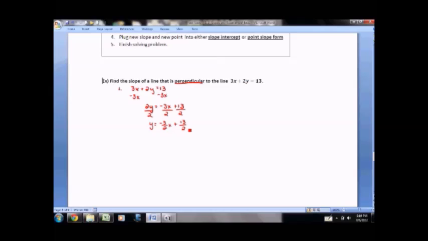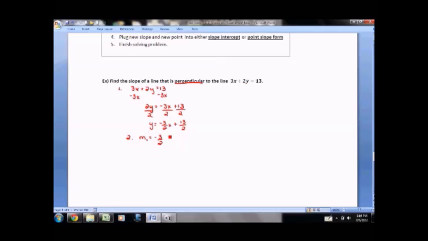Now, your second step is to identify your original slope. Your original slope, or slope 1, your m1, is -3/2. What kind of slope are we looking for? We want the slope of the line that is perpendicular to our original.